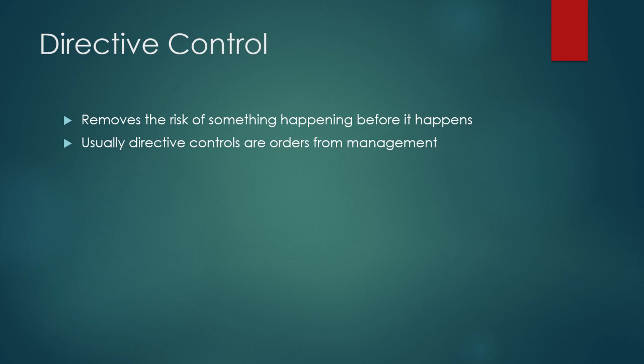So management says we don't want to have any data loss, or we don't want anybody to read our sensitive data. So that's a directive control. Let's get rid of that risk. And that translates into physical and logical controls like encryption.